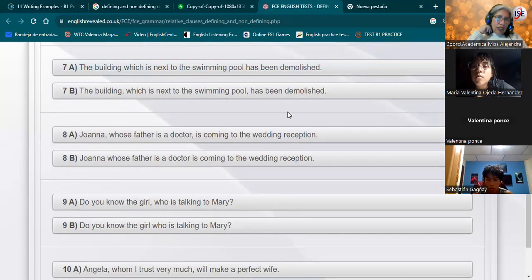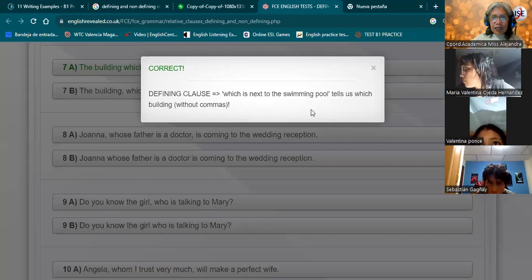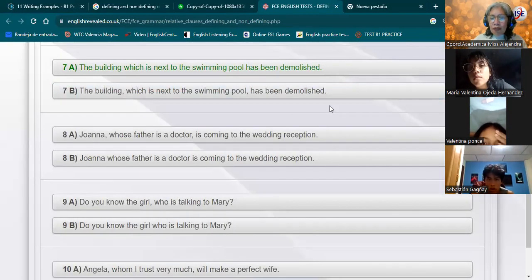Sebastian, the building which is next to the swimming pool has been demolished. Which one is the correct one, with commas or without commas? Letter A. Yes, because if we say the building has been demolished, okay, which building?